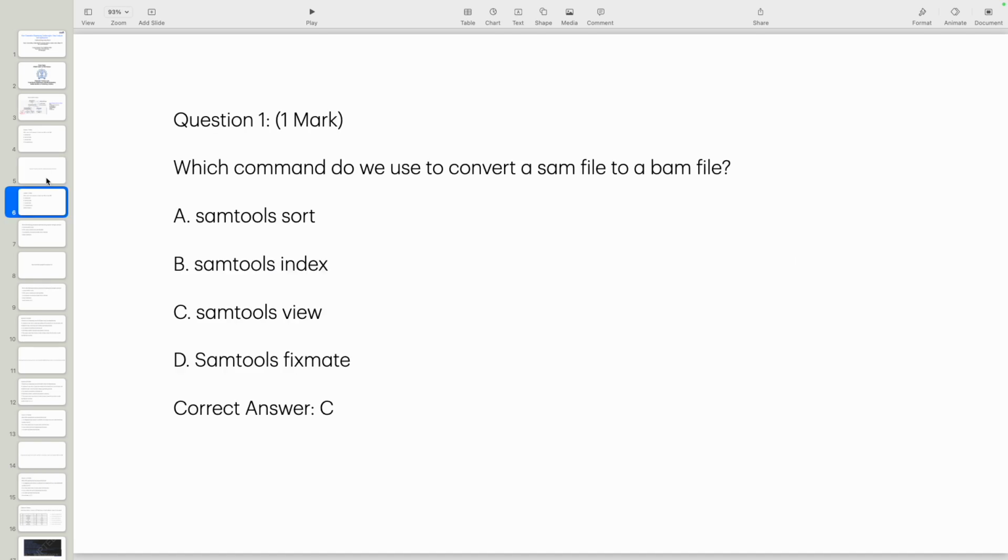The correct answer for this question would be samtools view. I hope this question is clear.